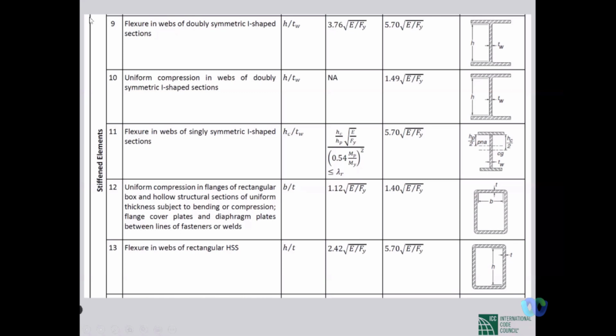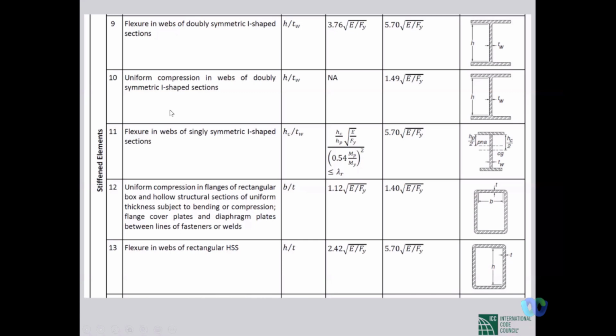That would demarcate stiffened elements from the unstiffened elements. So in this table, items 1 to 8 are actually unstiffened elements, and items 9 to the rest are stiffened elements. So this is a mistake in BNBC 2020. The top margin of cell 9 should have been continued all through.